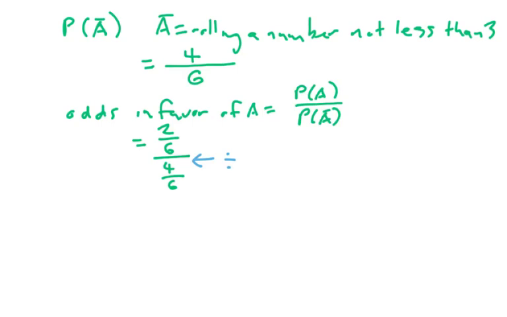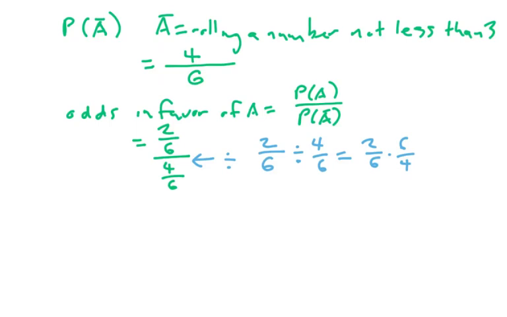So if you think of this more as 2/6 divided by 4/6, and then that's not so bad, because when you divide fractions, you take the first fraction and you multiply by the reciprocal of the second.